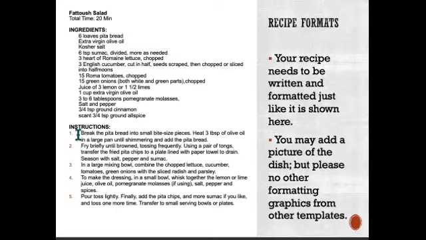For example, when you have something that is baked, the first step of the instructions should be to bring the oven up to temperature. So step 1 would be to turn on the oven and let it heat to 400 degrees, let's say.